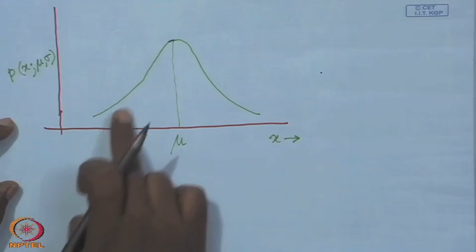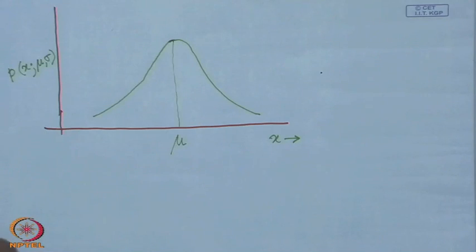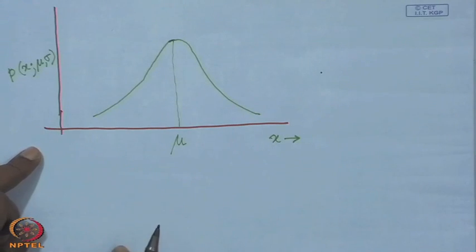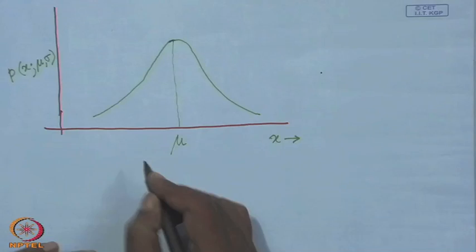Now, what I can do is this analytical curve I can represent by piecewise constant approximation. So, what do I mean by piecewise constant approximation? What I do is, this axis representing my variable x, I divide this axis into a set of intervals. So, something like this.